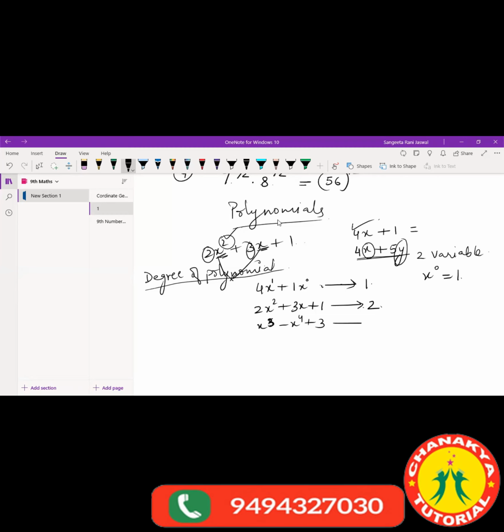So the highest power here is 3. So जिसका भी degree 3 होता है, we call that as cubic polynomial. So इसका highest degree is 1, highest degree is 2, the highest degree in this equation is 3. So any expression which has highest degree 1 is called linear polynomial.